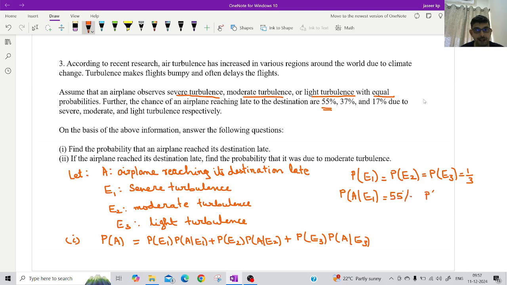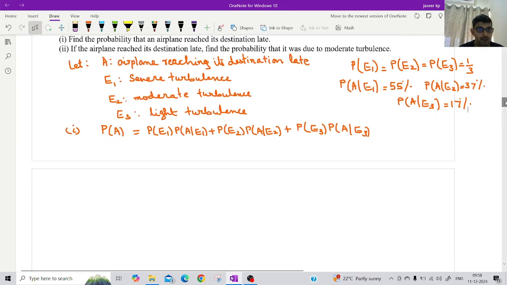Then P of A given E2 is 37% for moderate turbulence, and P of A given E3 is 17%. Once you substitute the values in the formula, that will give you the answer.